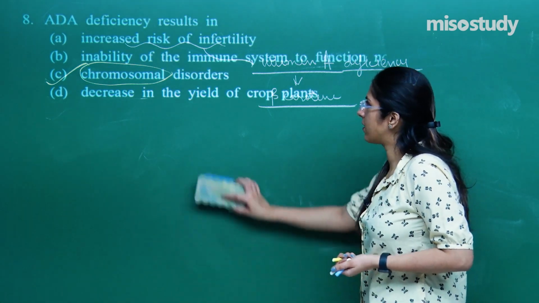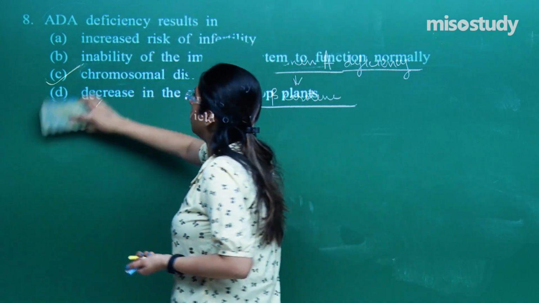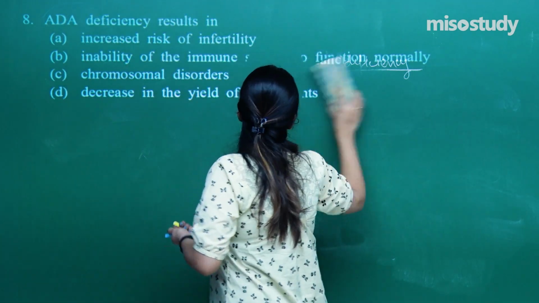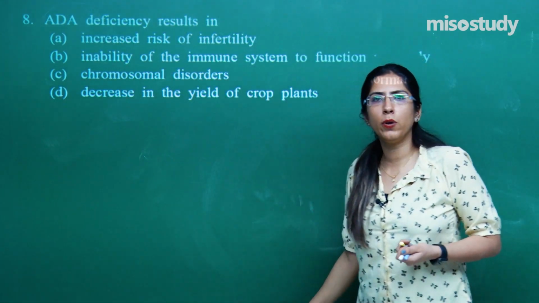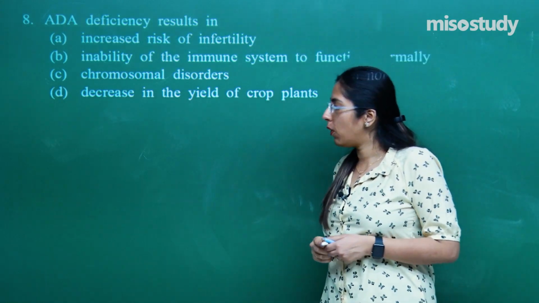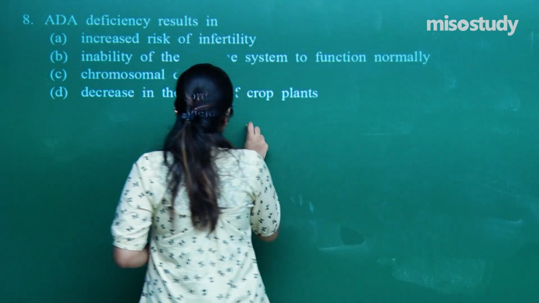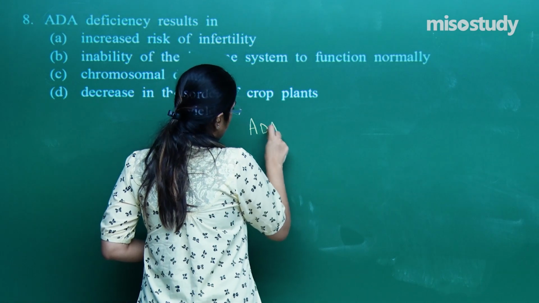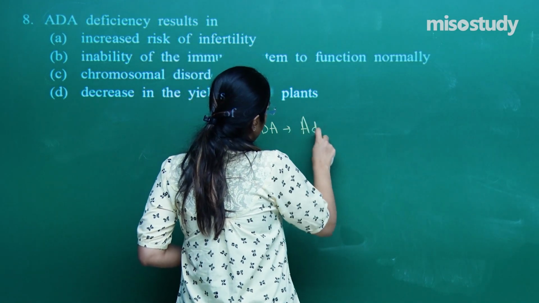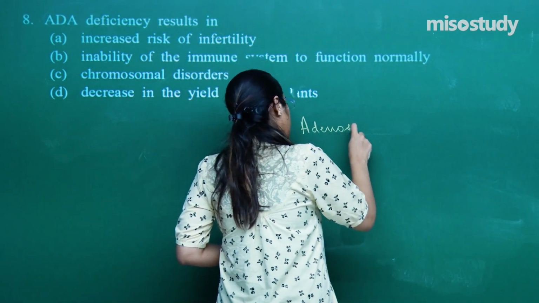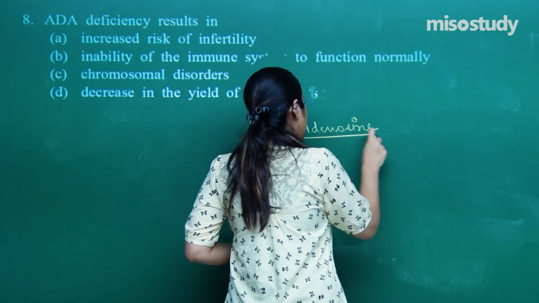Let's talk about the next. It is related to ADA deficiency. Now what do you mean by ADA? ADA is adenosine deaminase.